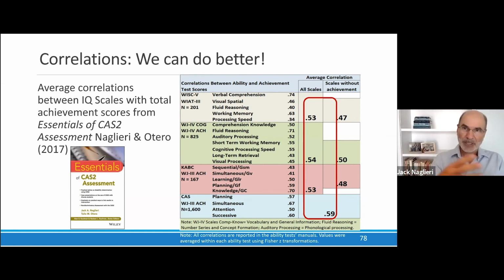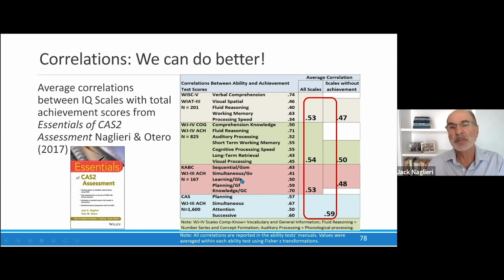So you have criterion contamination. But I did it anyway. And look what we find. The CAS and the WISC-5 correlation with the Y is 0.53. But if we take out the verbal comprehension scale and just look at the average of the scales that were remaining, it goes down to 0.47.